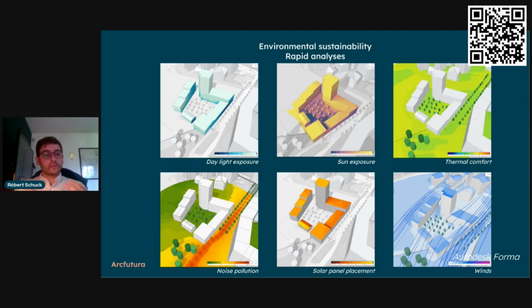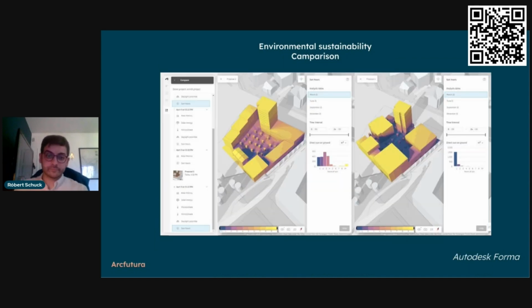You can minimize the use of artificial lighting by maximizing daylight exposure. You can create attractive outdoor spaces. You can create habitat diversity, decrease noise pollution. And every time you change your model, you can run these analyses again.